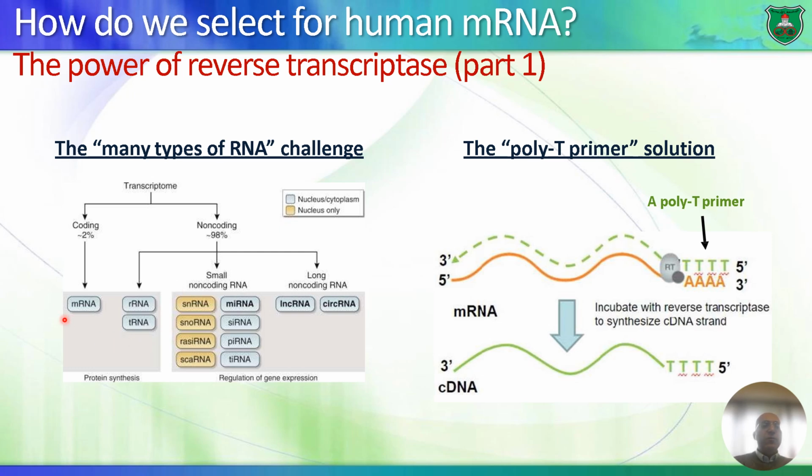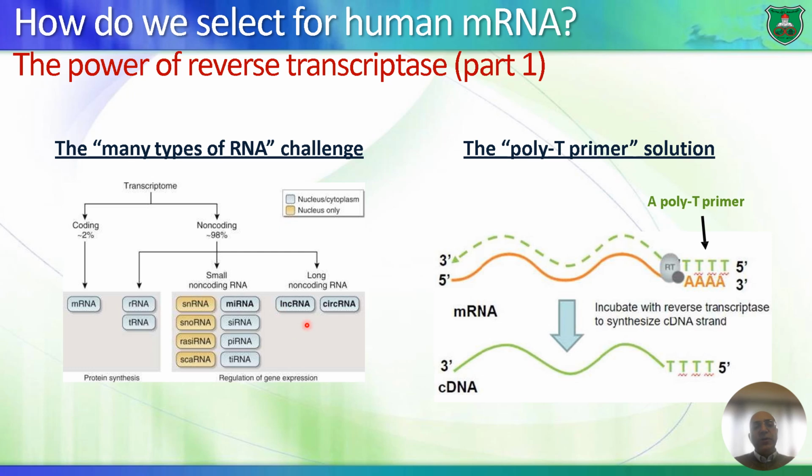So we have the messenger RNA, we have the classical ribosomal RNA and tRNA, but we have other types of non-coding RNA, that is RNA molecules that, again, are transcribed but not translated. And they can be small and long. We talked about the long non-coding RNA molecule.